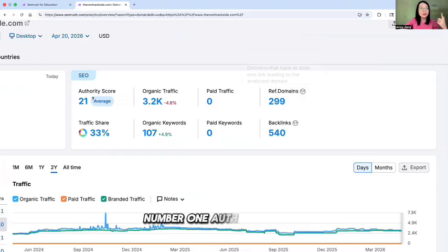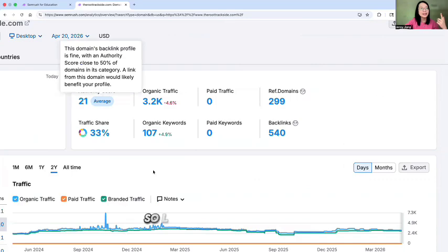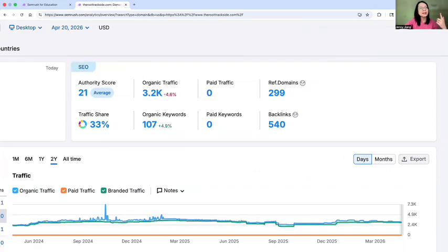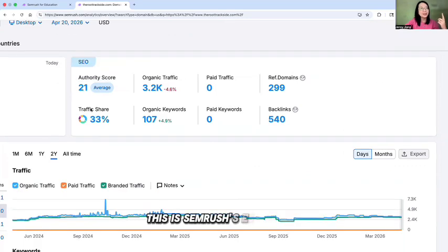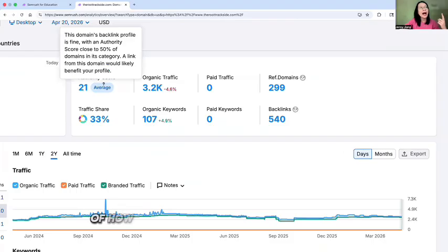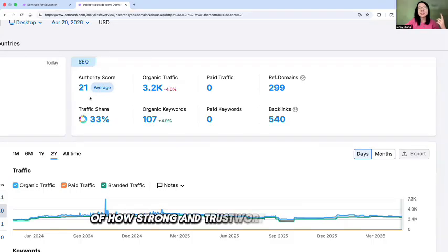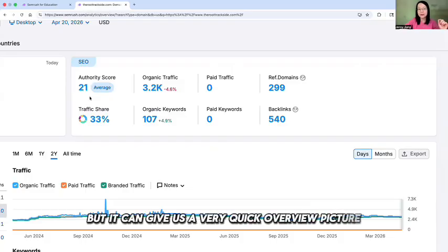Number one, authority score. This is Semrush's estimation of how strong and trustworthy the website is in terms of search engine optimization. This is not a Google score, but it can give us a very quick overview picture.